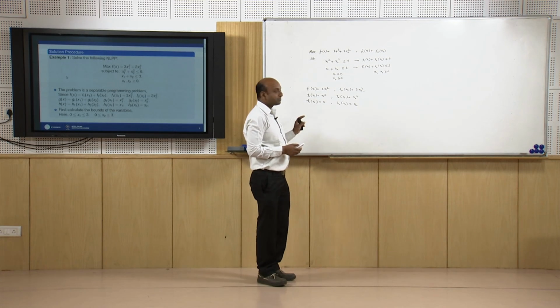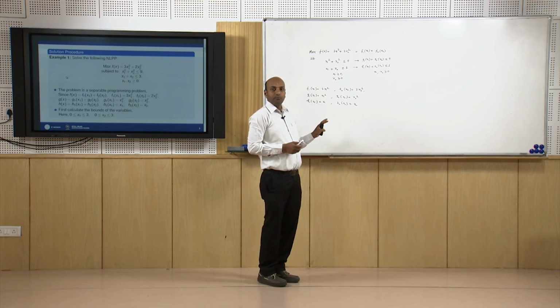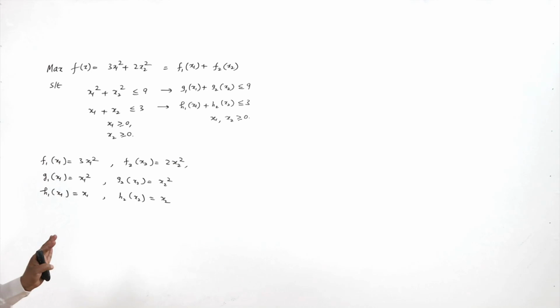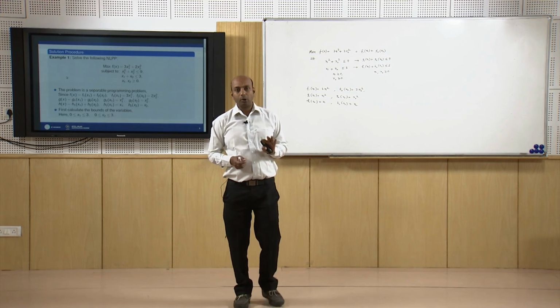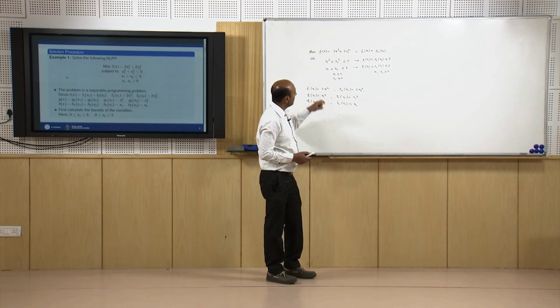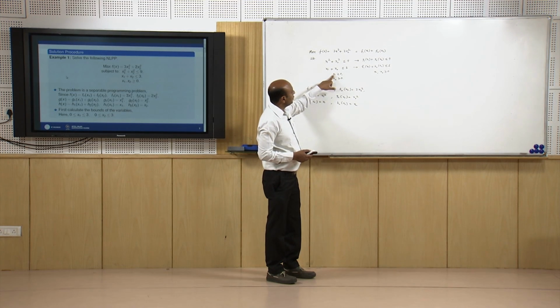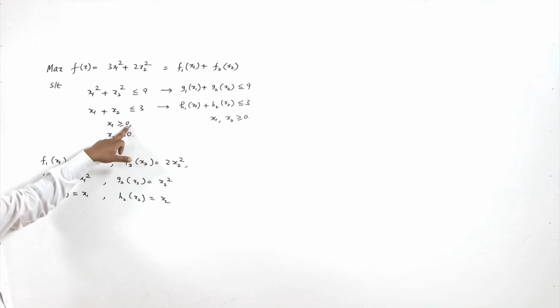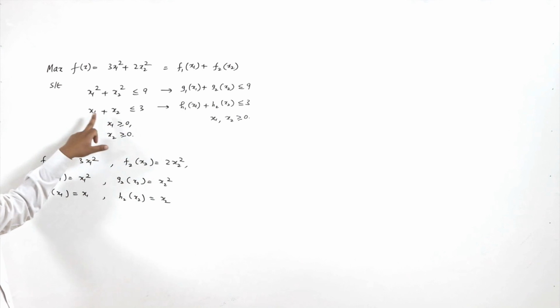Now, to solve this problem, first of all you find the bounds of the variables. How many variables are involved in this problem? x1 and x2. First find the bounds. You can easily see that the minimum value of x1 is 0, and from this constraint the maximum value x1 can attain is 3.